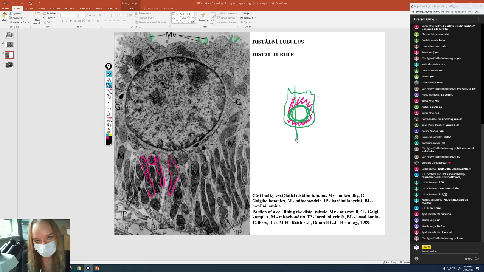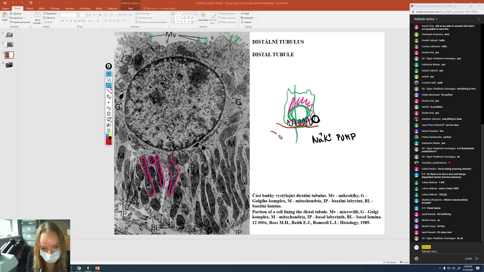The distal tubule is very important because in the basal labyrinth it contains a very important pump, the sodium potassium pump. The cells of the distal tubule are going to absorb sodium.